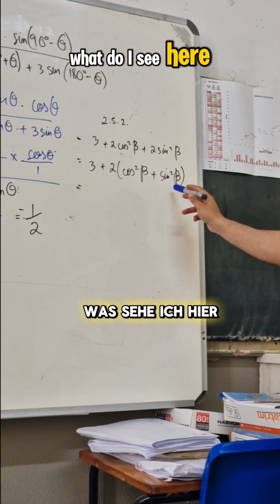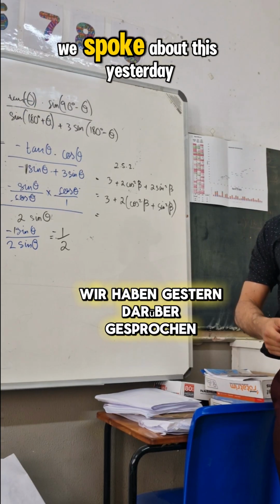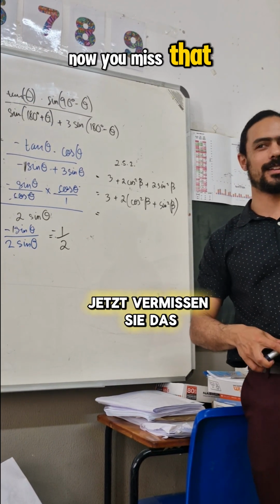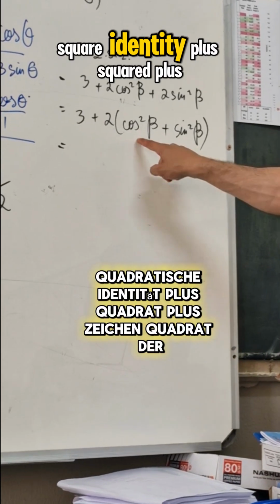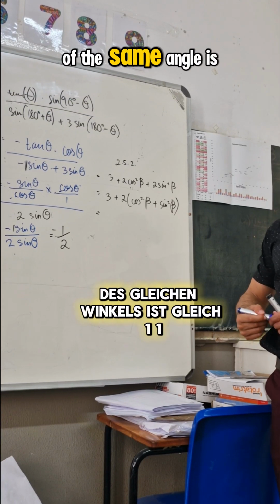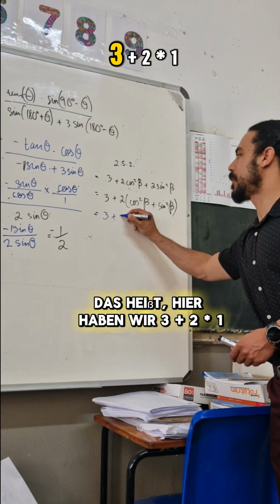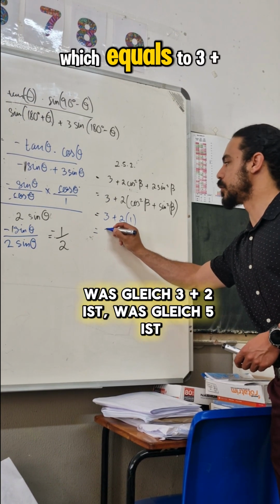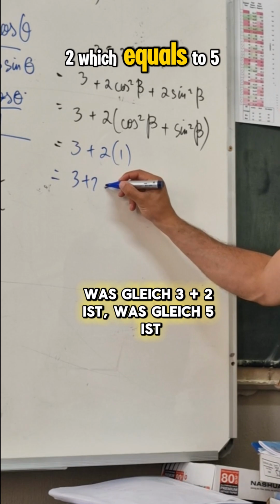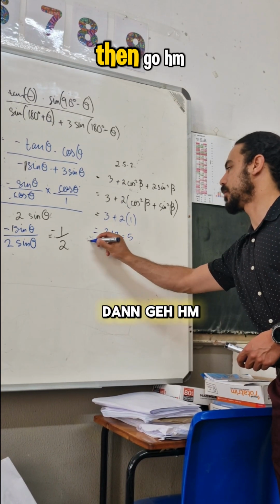What do I see here? We spoke about this yesterday. The square identity: cos squared plus sine squared of the same angle equals 1. So that means here we have 3 plus 2 times 1, which equals 3 plus 2, which equals 5. There you go.